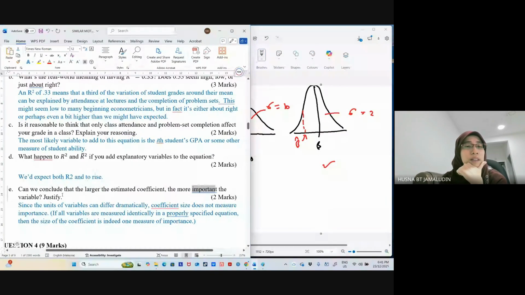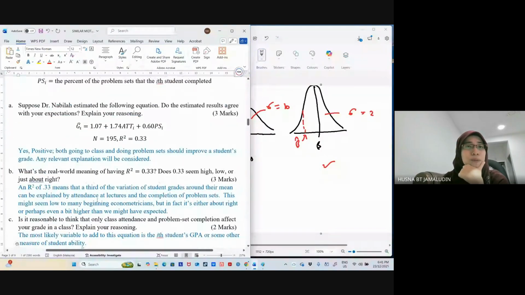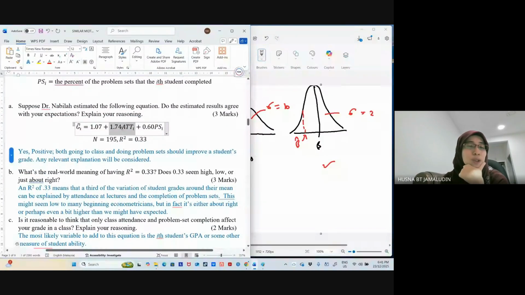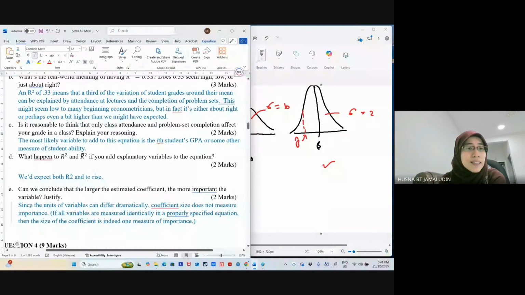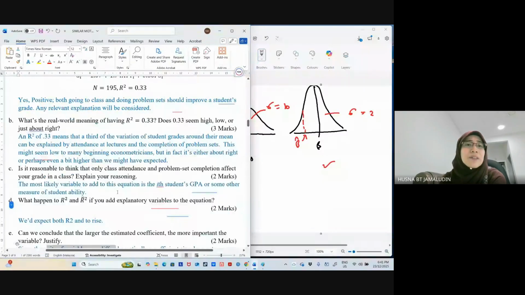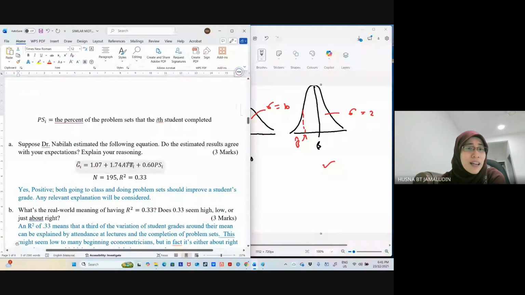Basically, your coefficient doesn't show the importance of the variable. The answer is that the units of the variables are different. Attendance measures how many times you come to class, while the other measures how many questions you attempted to solve.